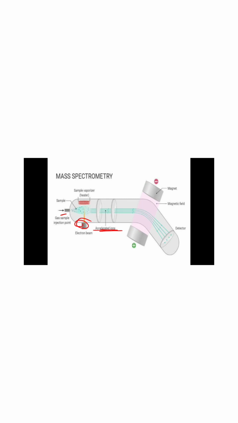When the beam of ions crosses this magnetic field, they deflect based on their mass to charge ratio. As I told, the heavier ions will deflect less and the lighter ions will deflect more, and separation of them occurs. Now there is a detector which will detect the number of ions and produce a current proportional to the number of ions, which is recorded by a recorder.